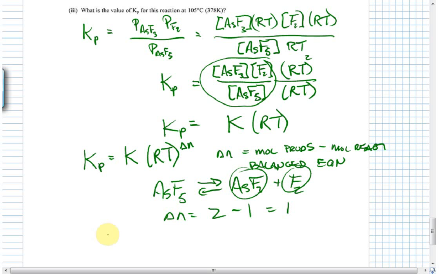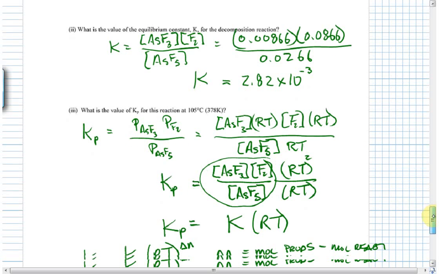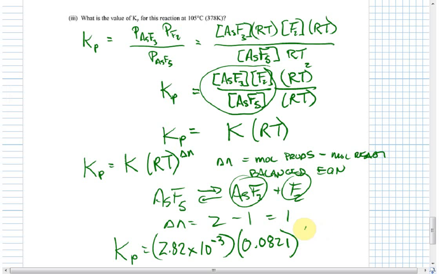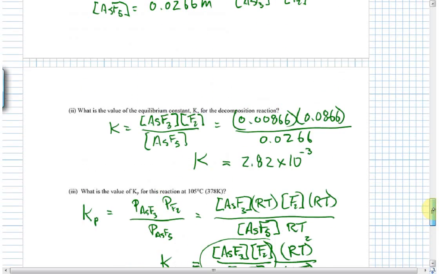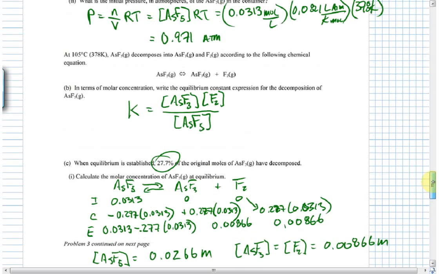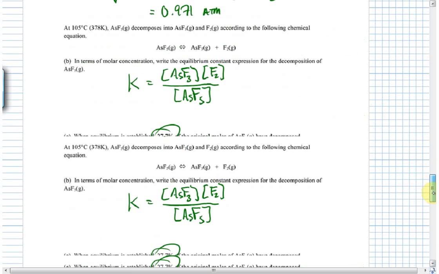In any event, K sub P is going to be equal to K, which we figured out up above, was 2.82 times 10 to the minus 3, times R, 0.0821, times T, which was, hold on, temperature 378.